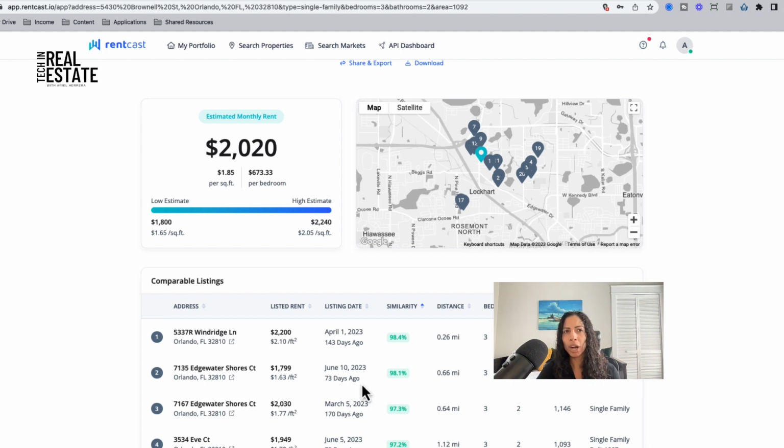So why can we maybe get $2,200 instead? That's something we could think about. We can go and research this property, look at the photos, and see if it's similar to the property that we are planning to rent out. We can then plug this rental income in to see if our property would cash flow or not.